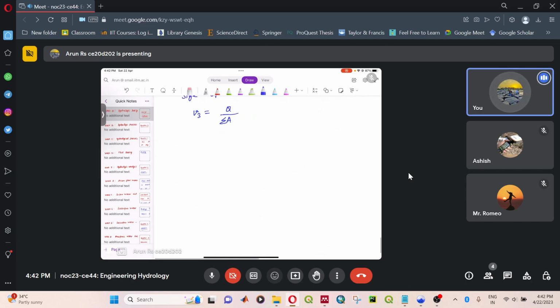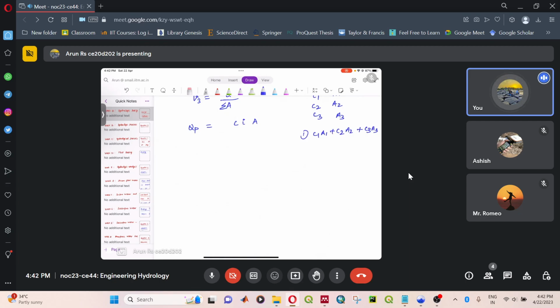And if you see the formula for peak discharge, it is C into I into A. So if you have the catchment 1 runoff coefficient as C1, catchment 2 C2, catchment 3 as C3, and again you have different areas A1, A2 and A3. Either you can do C1A1 plus C2A2 plus C3A3 and then use it directly in this equation, or what you can do is find out the weighted average.